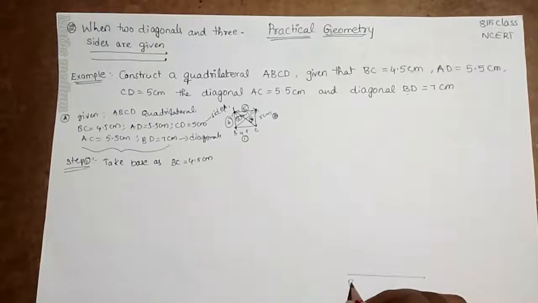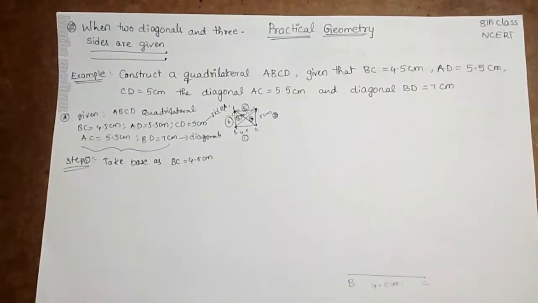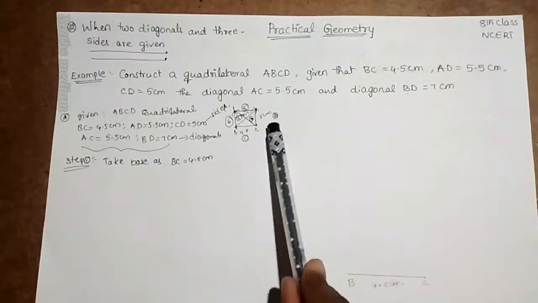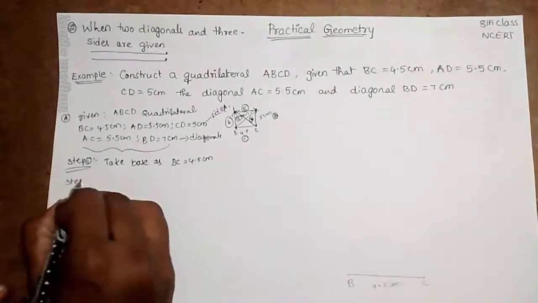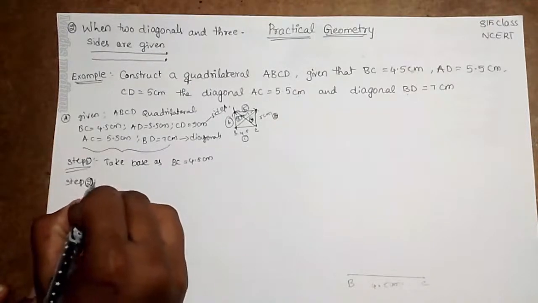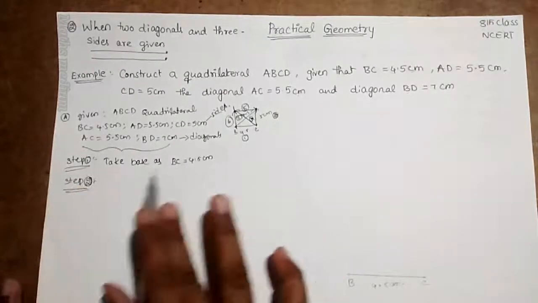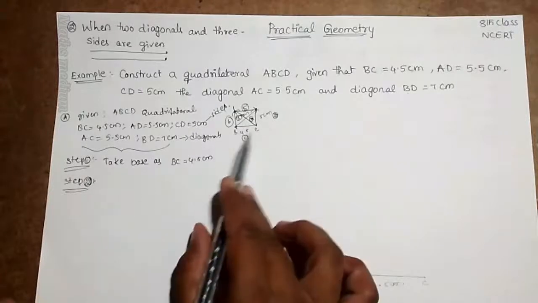Name it as BC, 4.5 centimeters. The step 1 is over. Next step 2, making an arc. So step 2, if we are easy with drawing the rough sketch of a quadrilateral, then we get the answer and steps easily from that sketch.